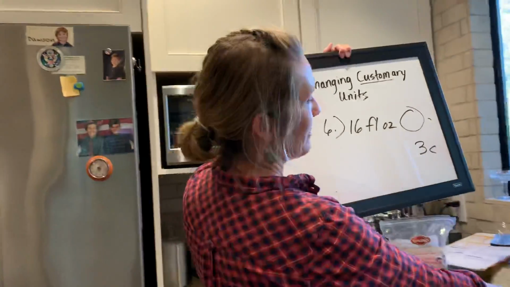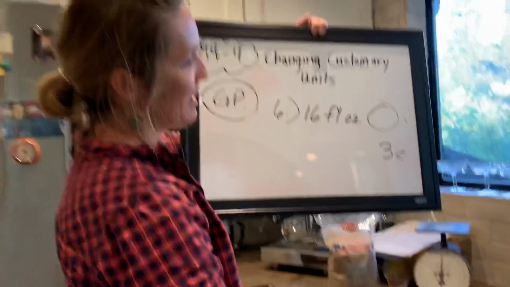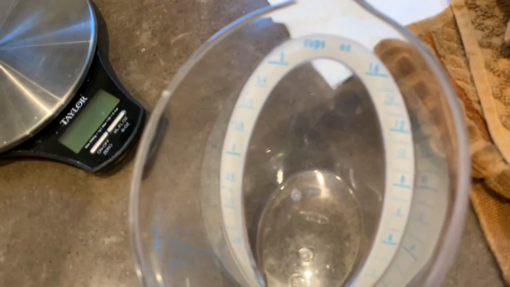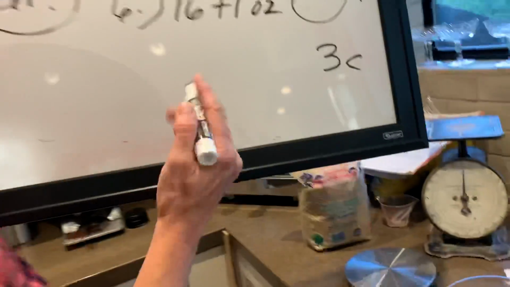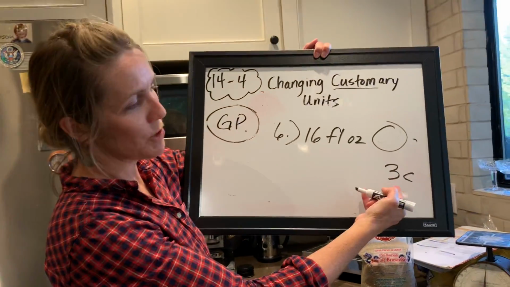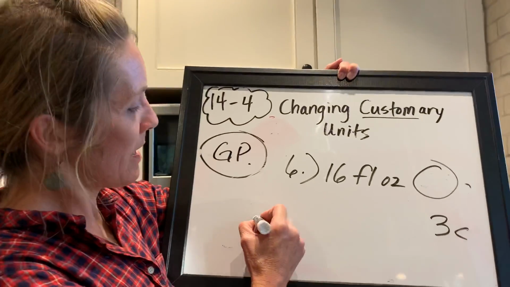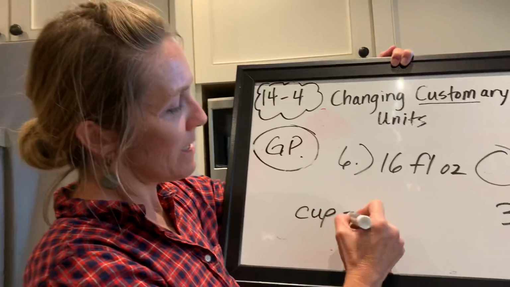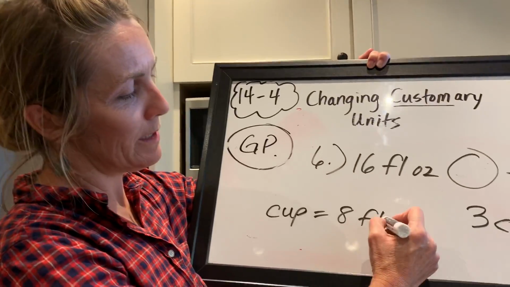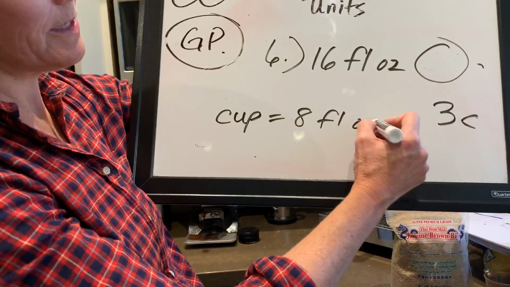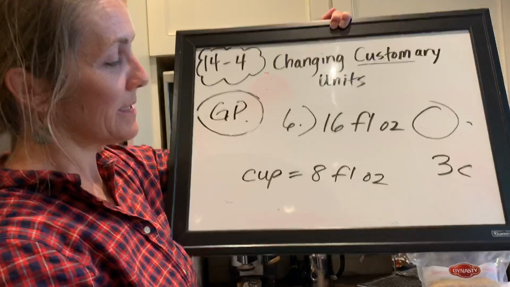So you can also go to your kitchen. I want you to look in here. So in your head, you have to be able to convert. I know this because I've dealt with it a lot in my life. I'm going to change my cups right now because that's the easier of the two. I know that a cup is equal to 8 fluid ounces in this case because we're dealing with liquid capacity.